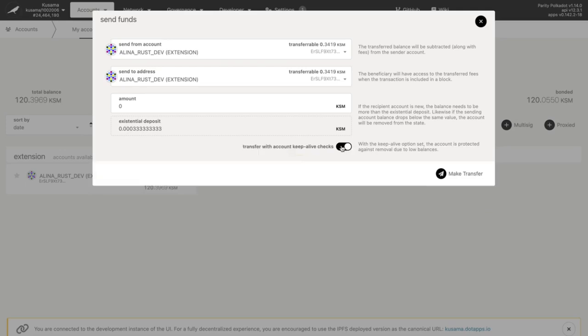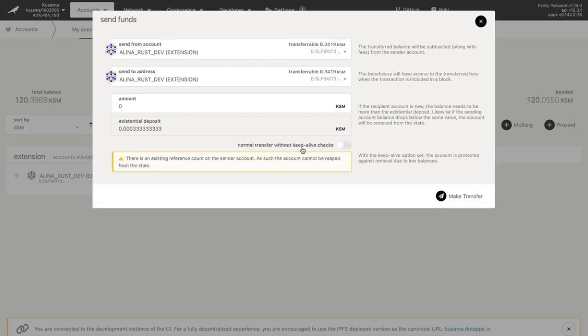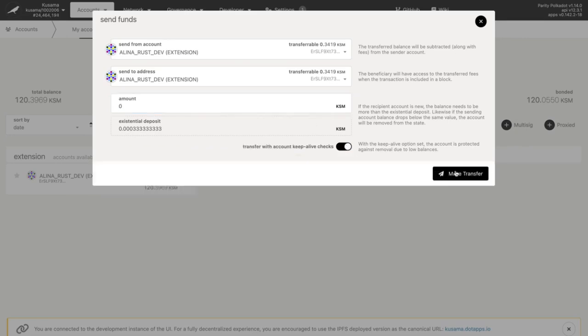If we turn it off, then there is a chance, so I can put the sum of money I have, and I can transfer everything, including existential deposit, but then my data will be deleted after the transaction. Here we press Make Transfer.